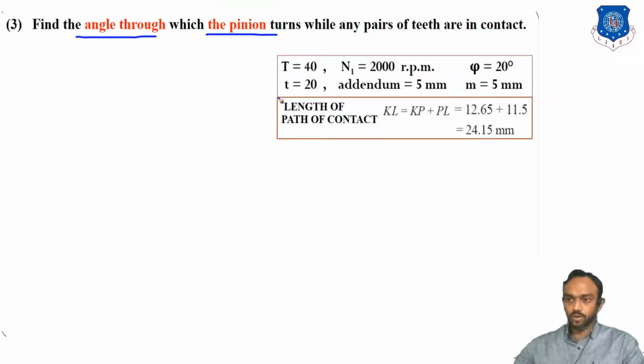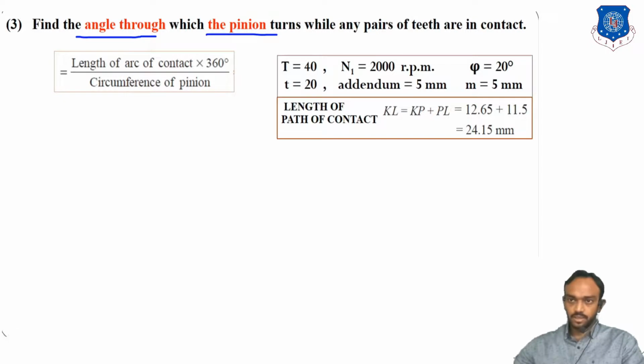And you know the formula for the angle turned by the pinion, which needs the length of arc of contact, which we have to find first, and after that the circumference of the pinion. These two things we have to find first, and then we put them in this formula so we can find the angle through which the pinion is turned.